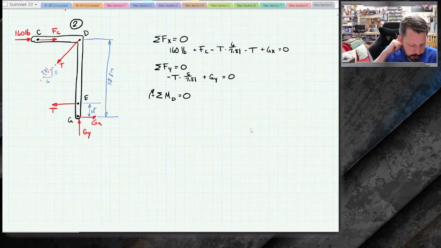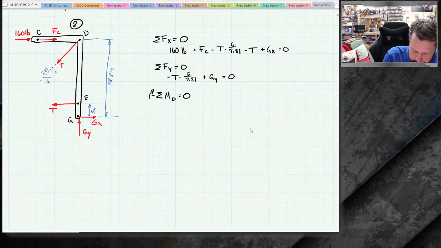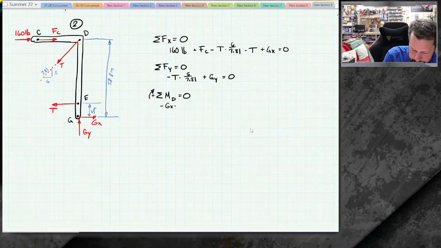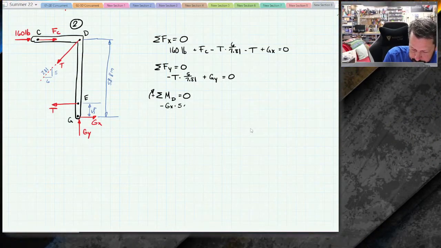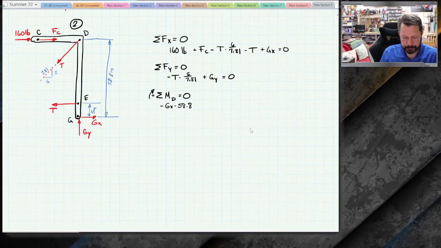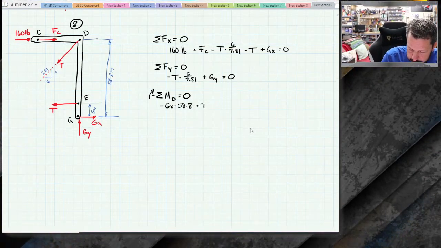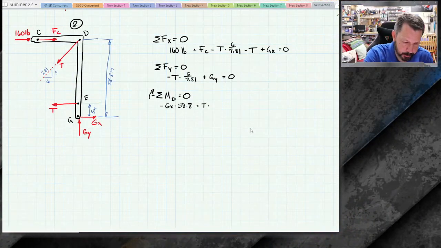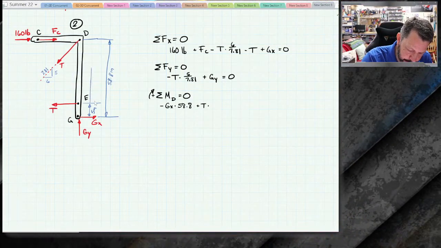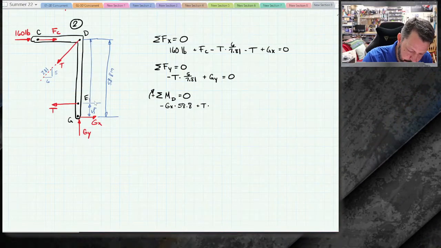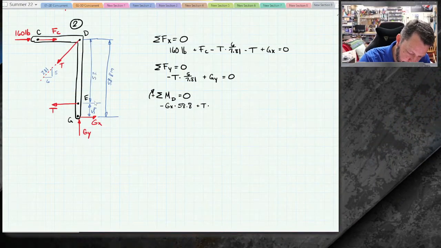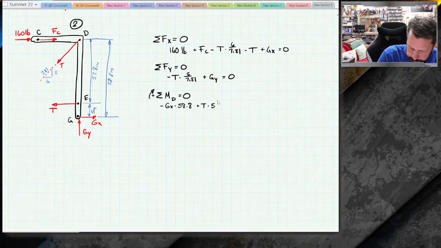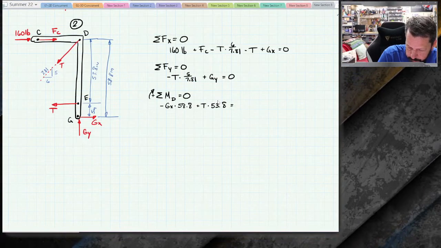So it'll just end up being GX going around counterclockwise, so minus GX times the moment arm of 58.8 inches plus T times its moment arm of, I didn't write that down, 53.8 inches equals 0.